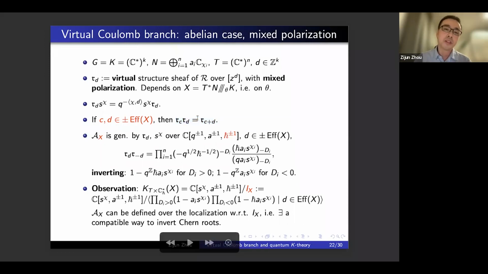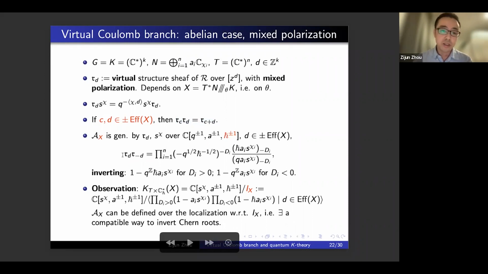That means if we take curly R sub D for all D in the effective cone of X, these form a commutative subalgebra, and they form a natural choice of positive or negative part of your Coulomb branch, which you can take to construct the Verma module.